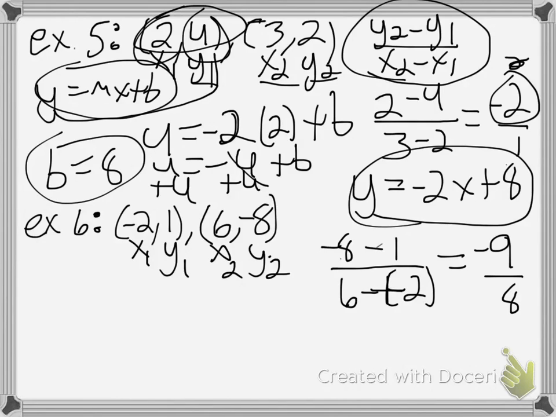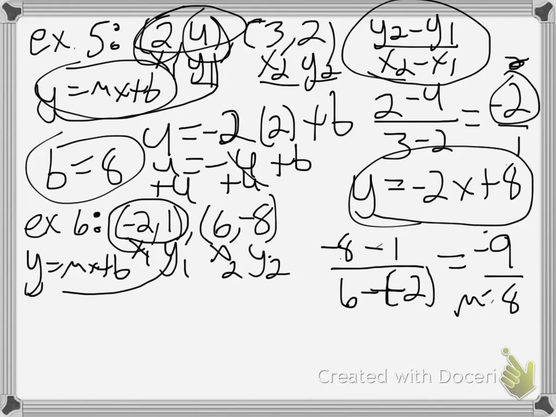Alright, so we know our slope. That's what our m is. So now we just pick a point. Okay, I'm just going to pick the first one over here and plug it into y equals mx plus b. Now, I know my y is 1.